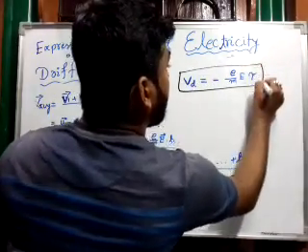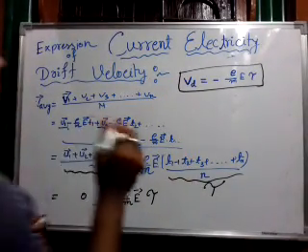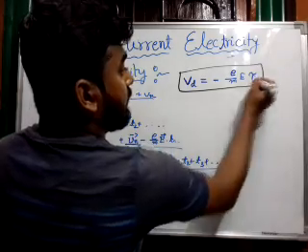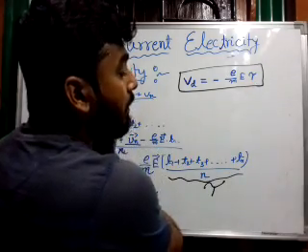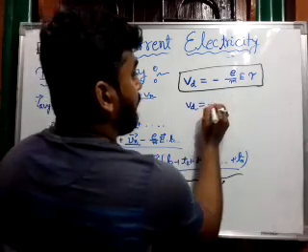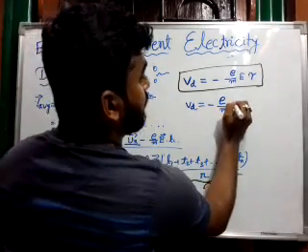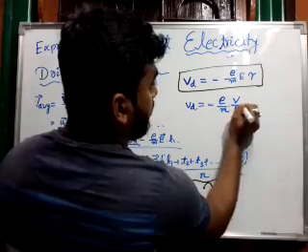Very simple. And this is the relaxation time. And Vd, this equation also comes as minus e by m into V by L into tau.